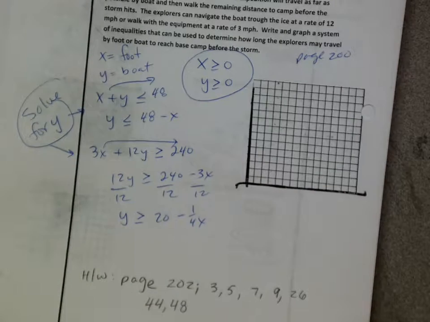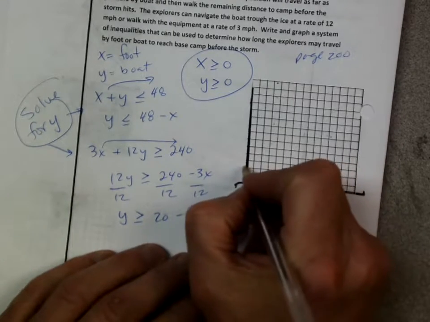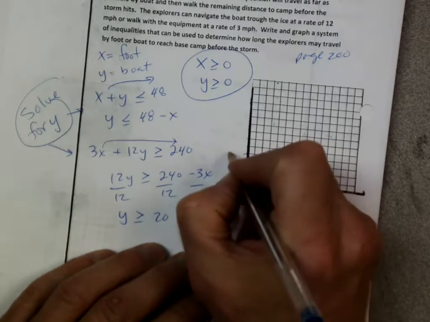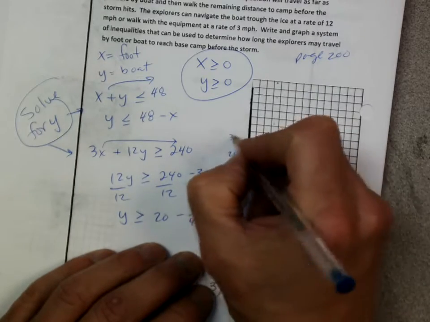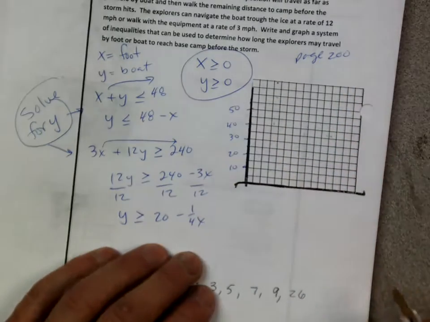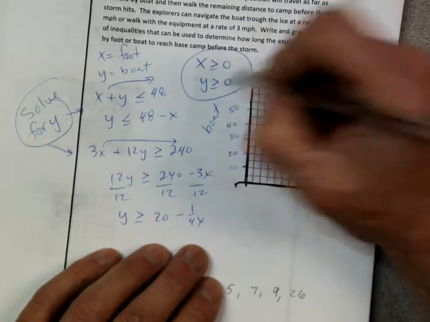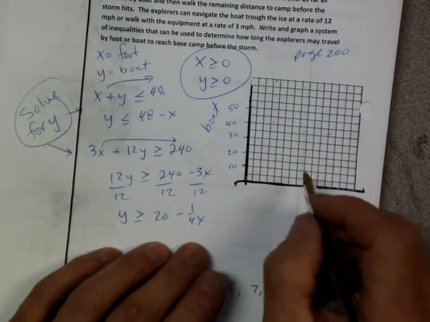Okay. Now, we've got some pretty big numbers here, 20s and 48s. So the book seems to go by 5s. So they went 10, 20, 30, 40, 50. And this has got to be my y, which represents boat hours. Okay. Do the same thing down here.